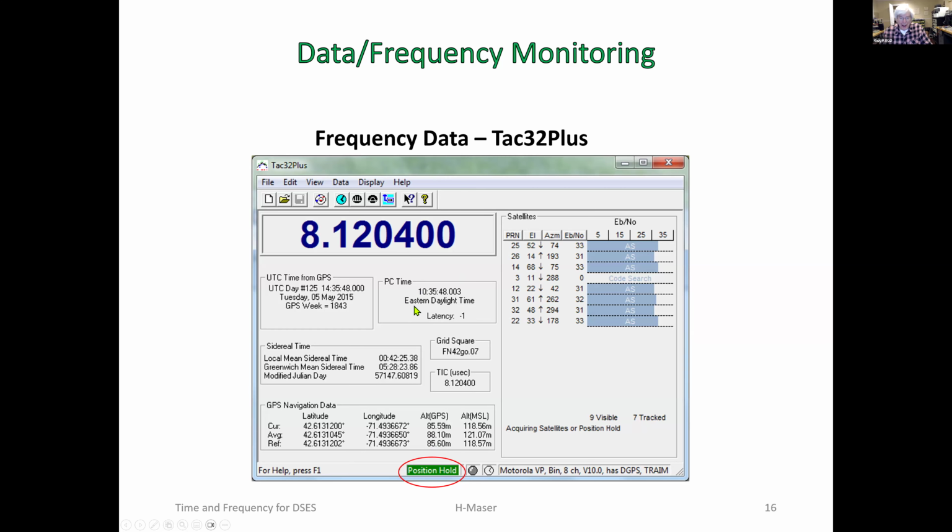This particular picture is not the Haswell picture. It's showing Eastern Daylight Time. We got to fix that. Well, actually, no, it isn't Haswell, but that's okay. This is still what the software looks like at Haswell.